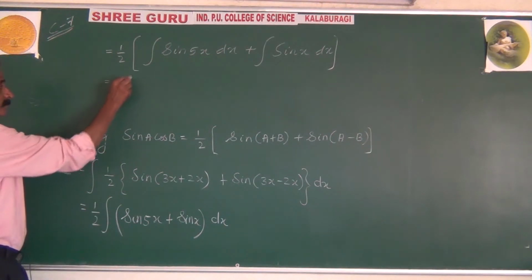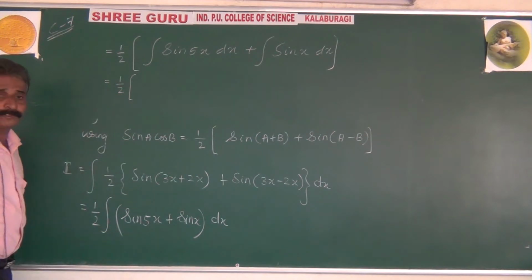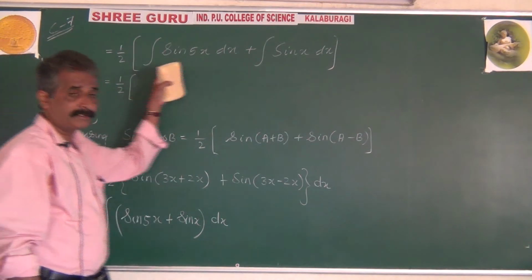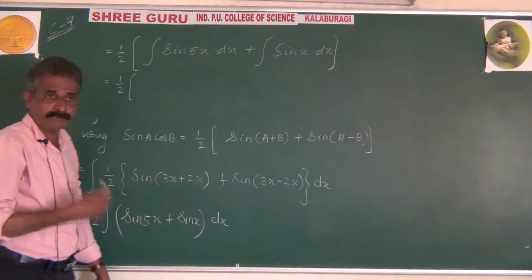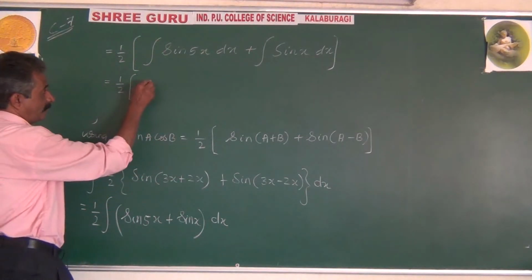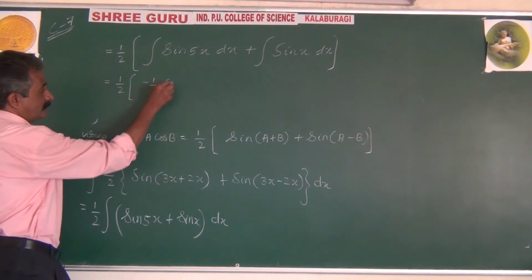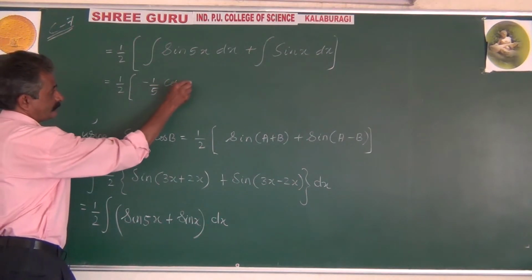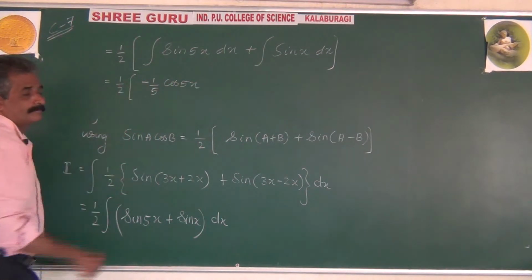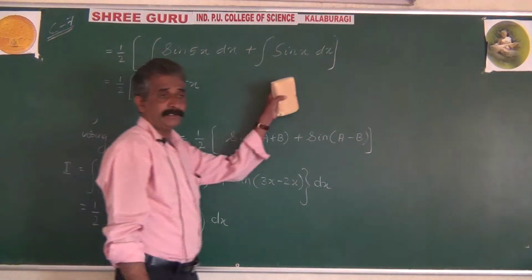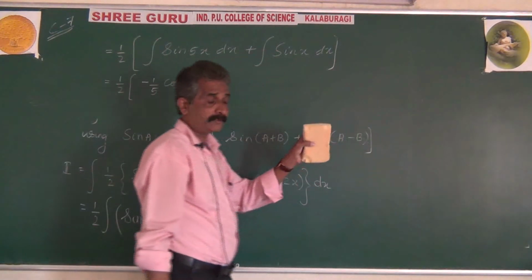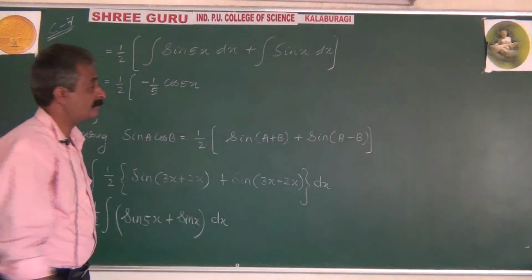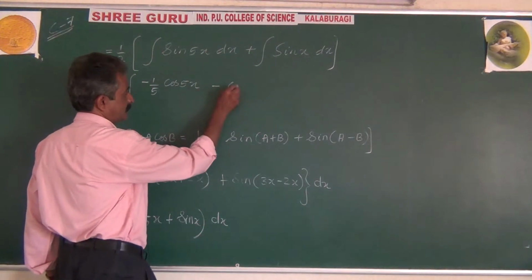So therefore, from the list of formulas, what you can find is that integration of sine pi x is minus cos pi x by pi, or minus 1 by pi into cos pi x. Similarly, integration of sin x is minus cos x plus constant.